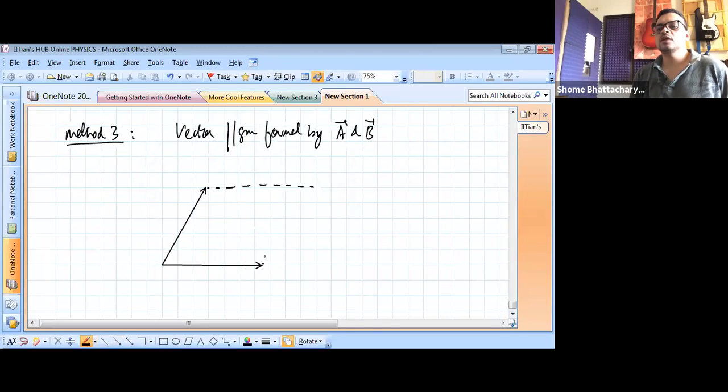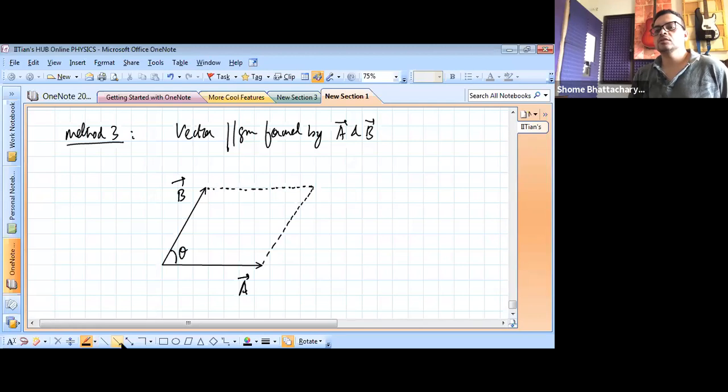If we consider any two arbitrary vectors A and B like this, and we construct a parallelogram using them, then we know that the parallelogram contains two triangles which represent the sum and the difference.